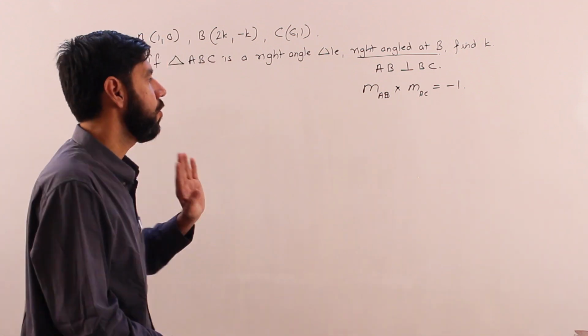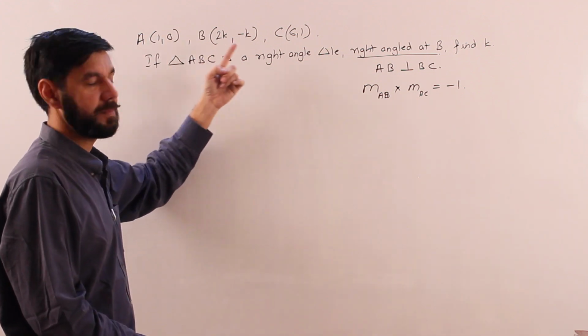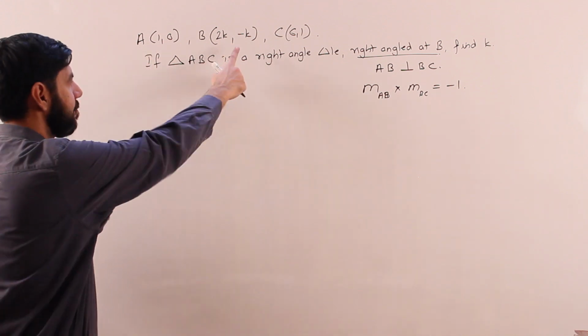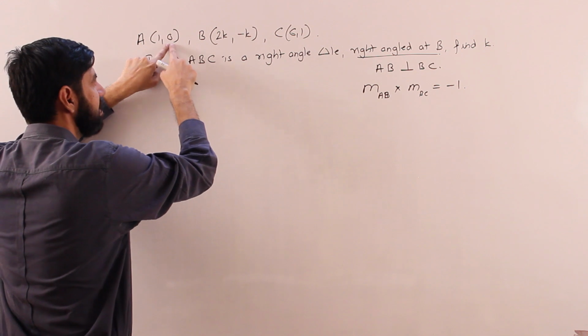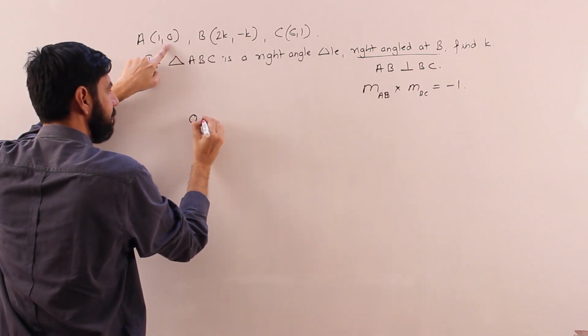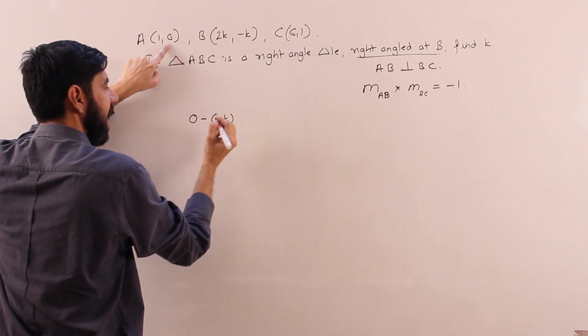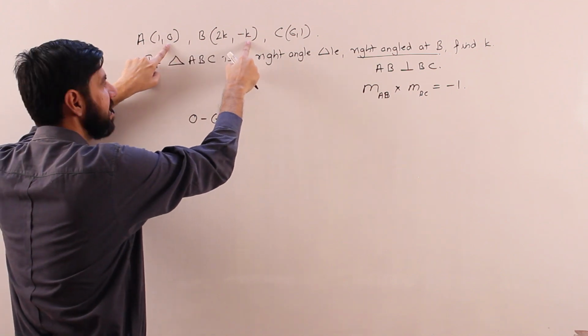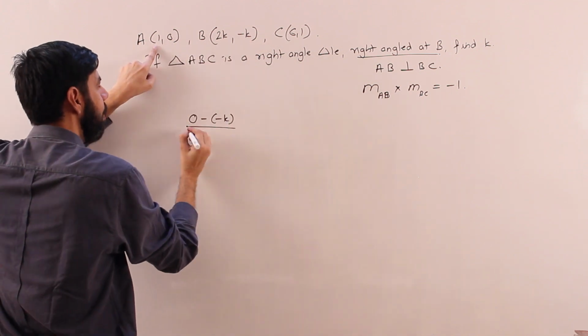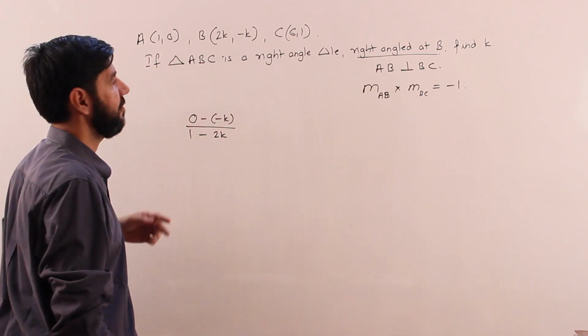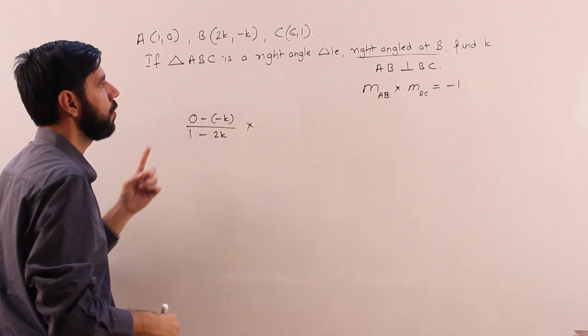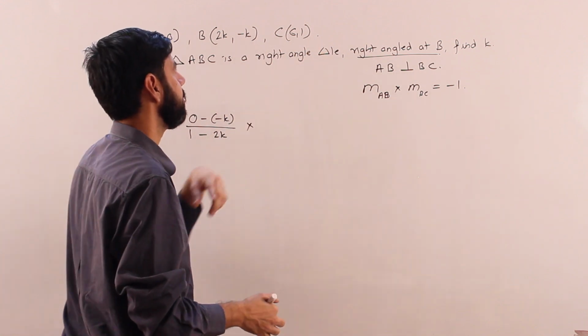And how do we find slope? AB. So there's a minus sign here. So I'm going from A to B. So I'm doing 0 minus of minus K. And since I've gone from 0 minus of minus K, I have to do 1 minus of 2K. This is slope of AB into slope of BC.